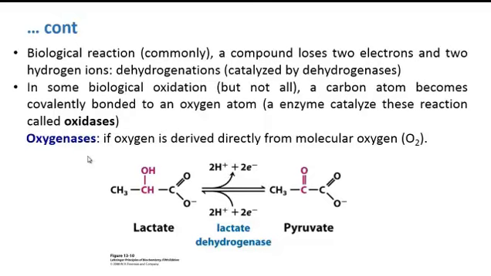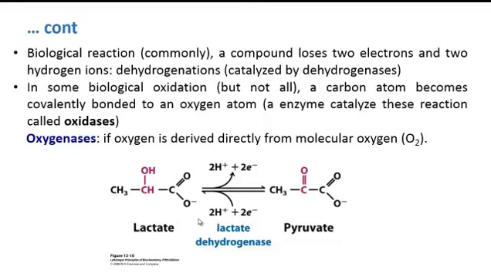Let's take the example of conversion of lactate to pyruvate by means of lactate dehydrogenase enzyme. This is an oxidation reduction reaction, and we can see that the process proceeds with the release of 2 hydrogen ions and 2 electrons, which are equivalent to 2 hydrogen atoms. These hydrogen and electrons are removed from carbon number 2 of lactate, and it is converted into pyruvate.